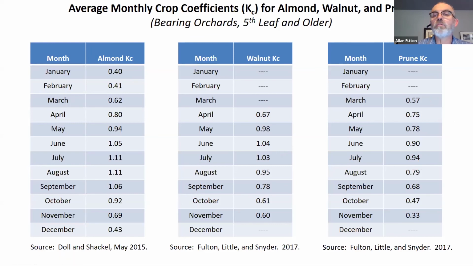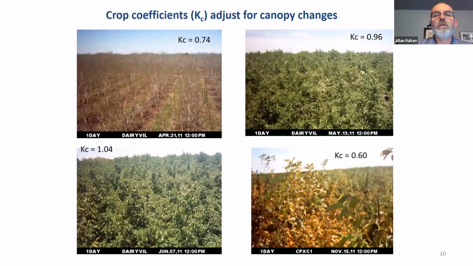These are examples of crop coefficients that we use to provide you the weekly estimates of crop ET. Just to illustrate the point one more time, this is for walnut, 4 pictures showing how the crop coefficient corresponds with changing canopy.